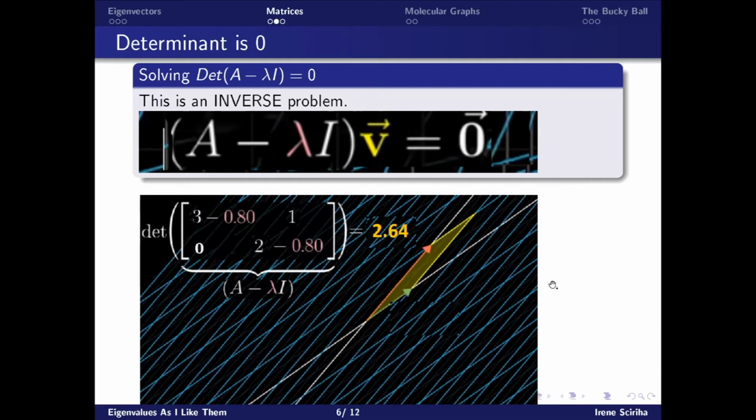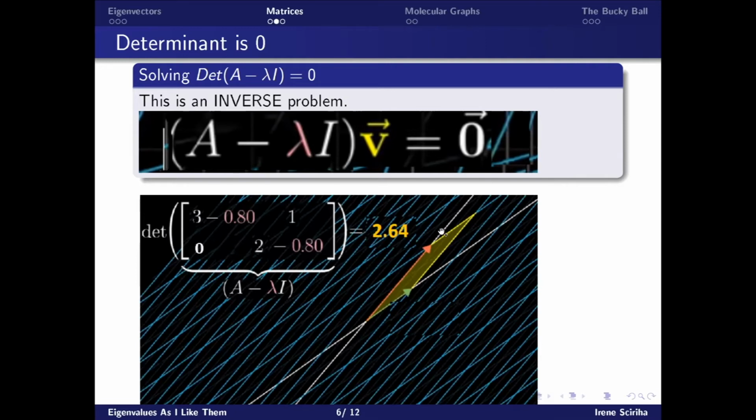As that parallelogram reduces in area until the area is 0, you hit an eigenvalue. So what we're doing here is going through various values of lambda until the determinant is 0.